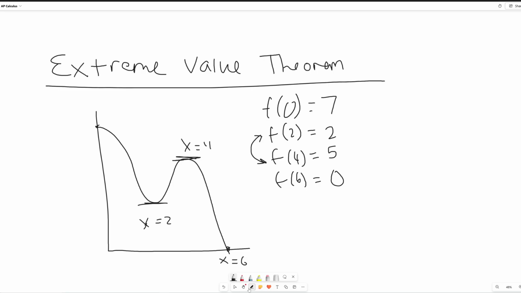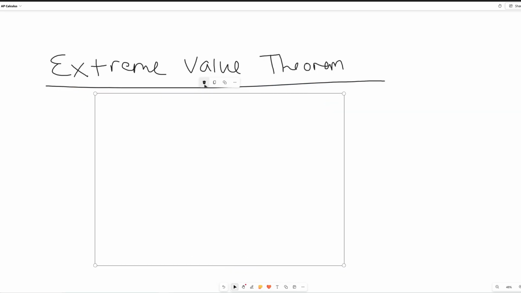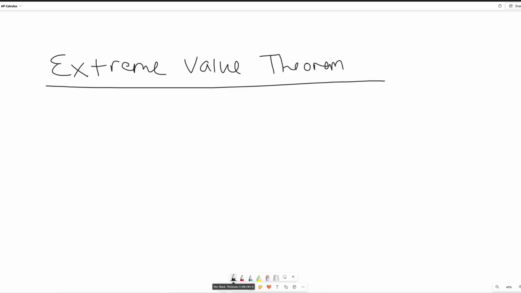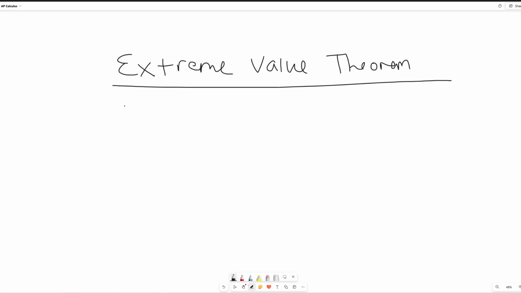I'm going to reiterate. So, how does this relate to EVT? Well, like I said before, EVT just proves that there is a maximum. So, you can just say that f of x is continuous.